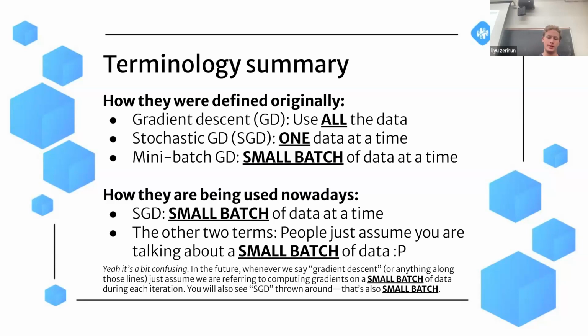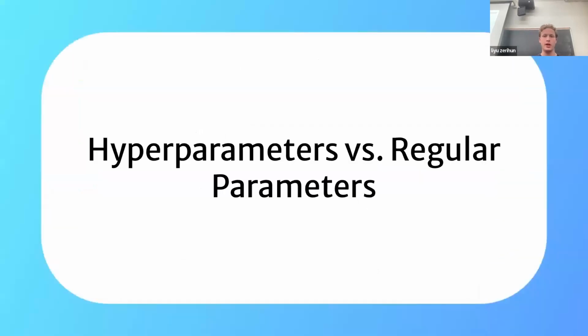Yeah. So as I alluded to earlier, the learning rate is something that we want to choose, but it's not something that's updated with each iteration. So it's not like the weights. That's an example of a difference between a hyperparameter and a regular parameter.